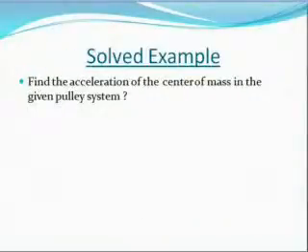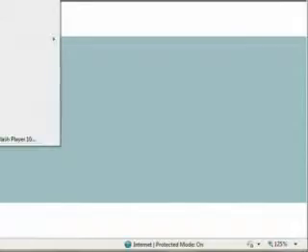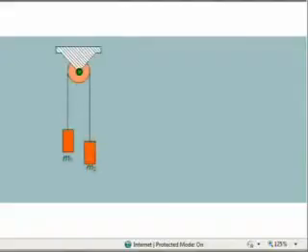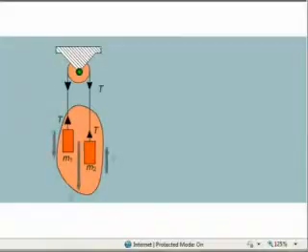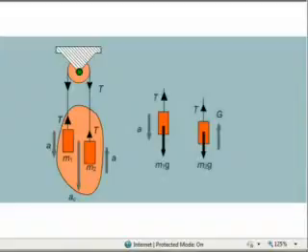Now let's see a solved example. Now we need to find the acceleration of the center of mass in the given pulley system. So first let's see the pulley system. So here, as you can see, there are two masses attached with this pulley system.